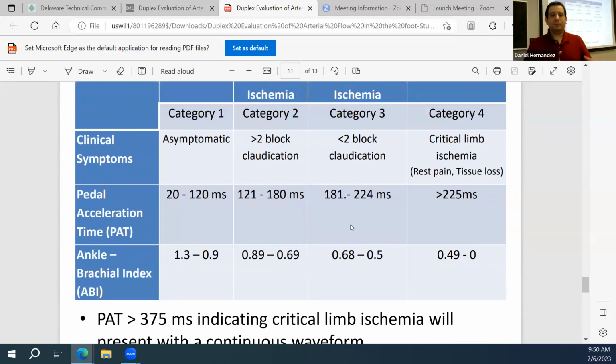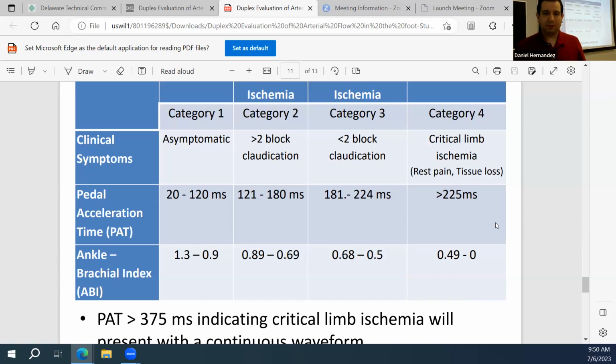I'm not requiring you to memorize this chart in terms of rise times. But one thing I do want you to recognize is that as the acceleration times increase, that represents more significant disease.